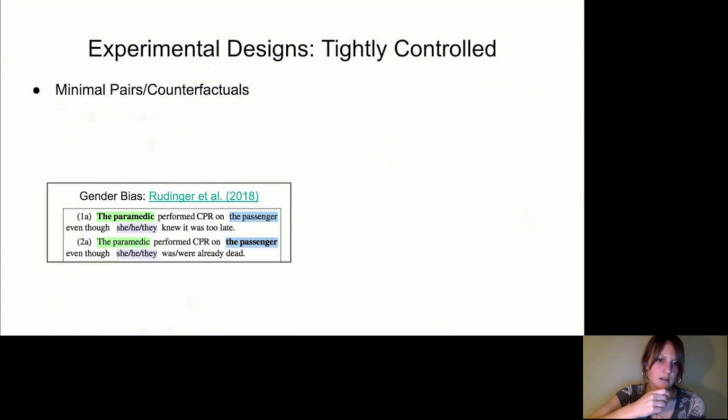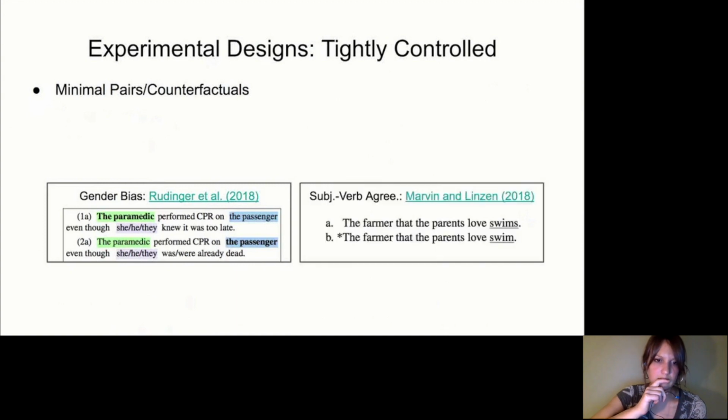For example, in the Rudinger et al. paper from 2018, they were looking at gender bias in coreference, and so you could come up with sentence pairs that are identical except for the pronoun used, and then you can evaluate performance across the splits defined by these different pronouns. And to the extent that models differ in how they perform on these different splits, you can be guaranteed that it is due to the pronoun that appeared there, because that was the only manipulation, or the only difference across the stimuli.